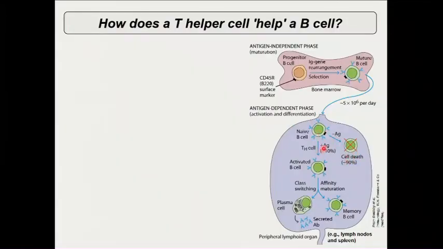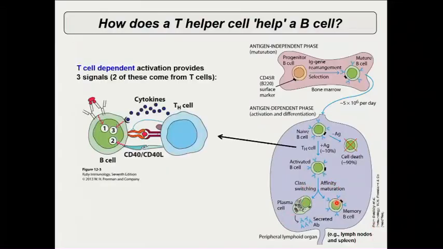If they do find an antigen, that's plus Ag here, which then happens to only 10%, then they are relatively happy and they will survive for a little longer. And if they continue to bind their antigen and change a little bit, and some can do it better than others, so there will be a little bit of elbow competition, then they eventually can become plasma cells and memory B cells.